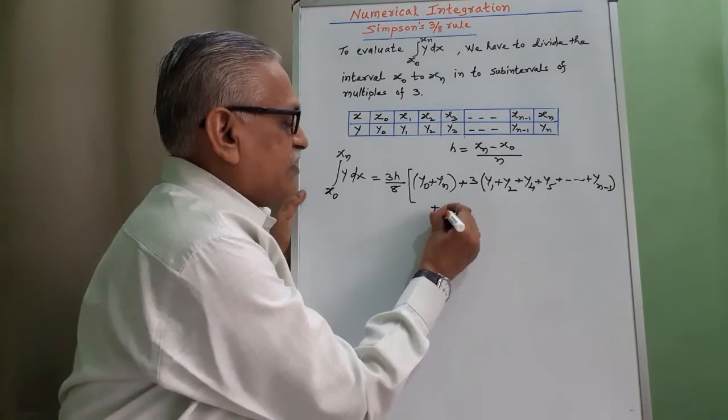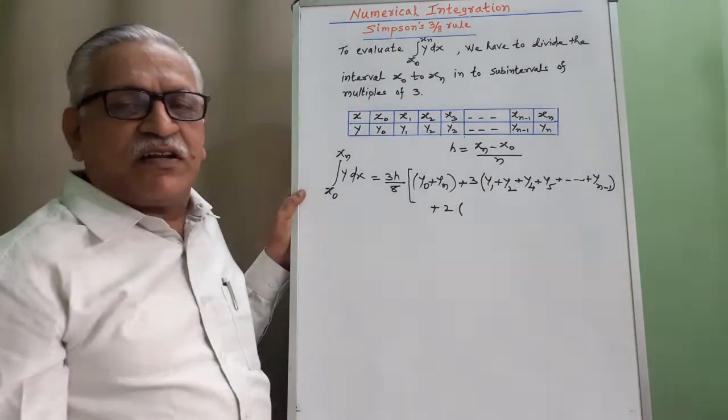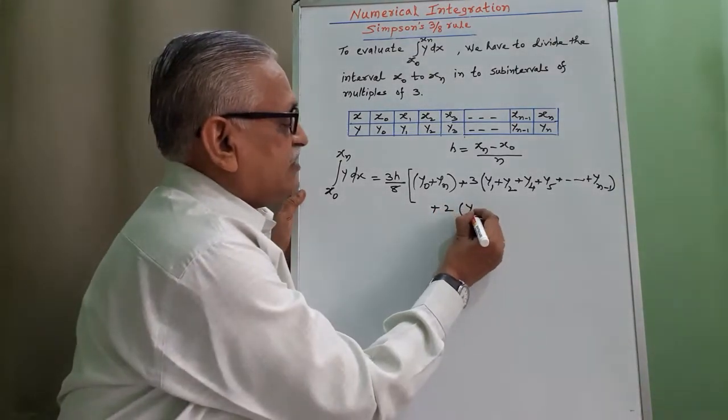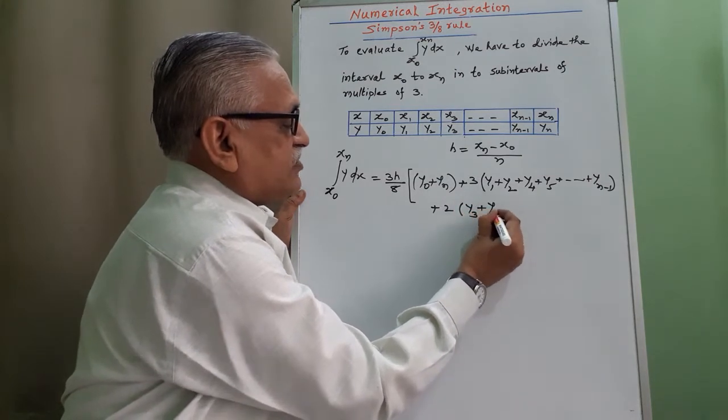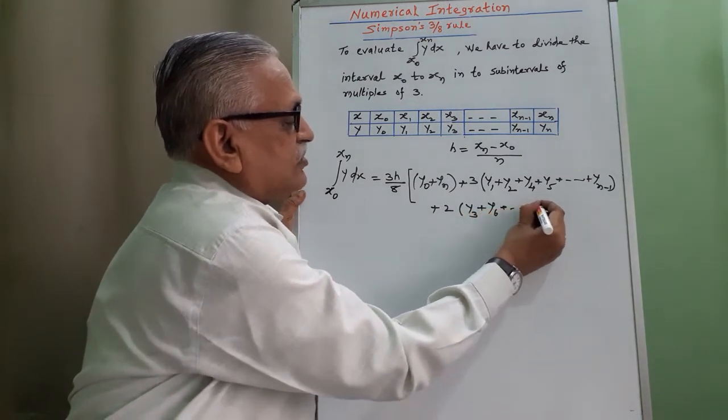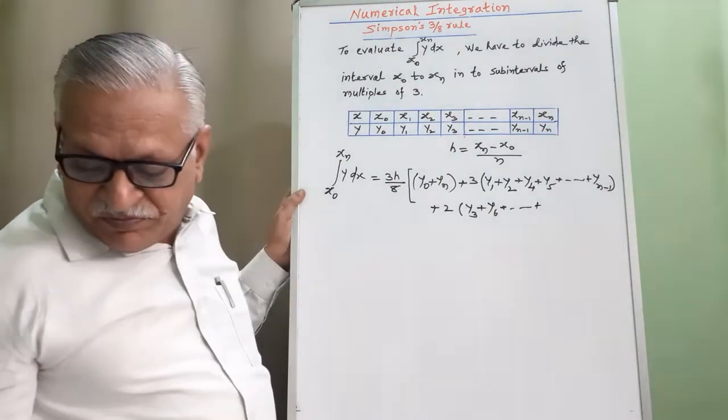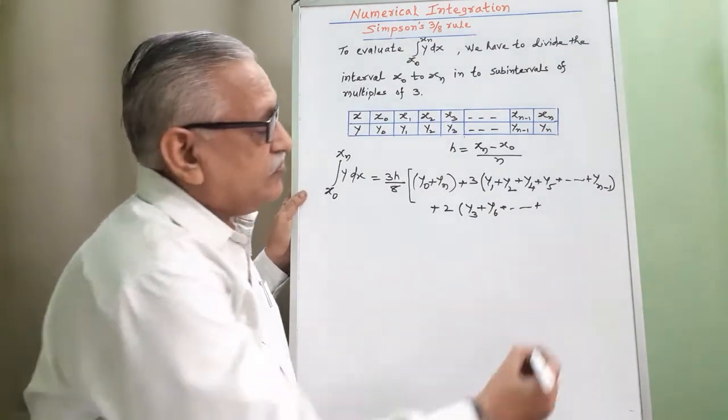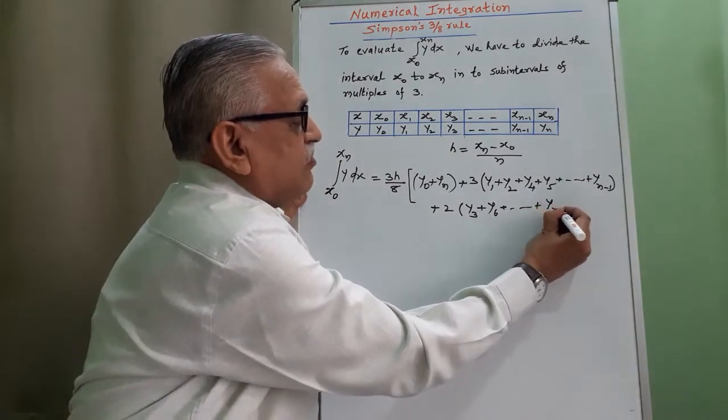Plus 2 times the remaining values. Those remaining values are y3, y6 and so on, the last one being yn minus 3.